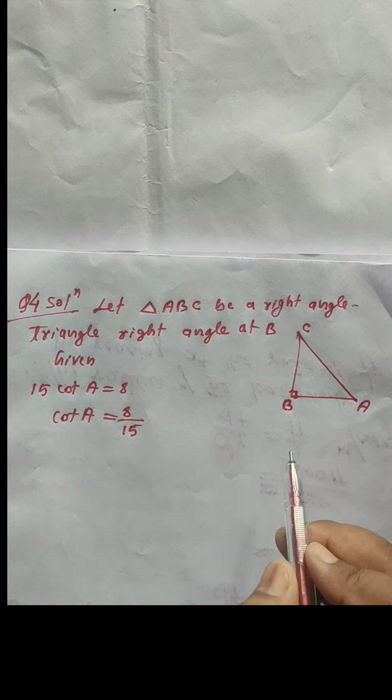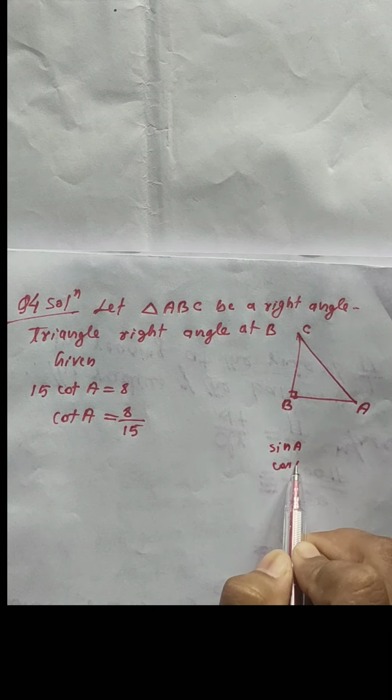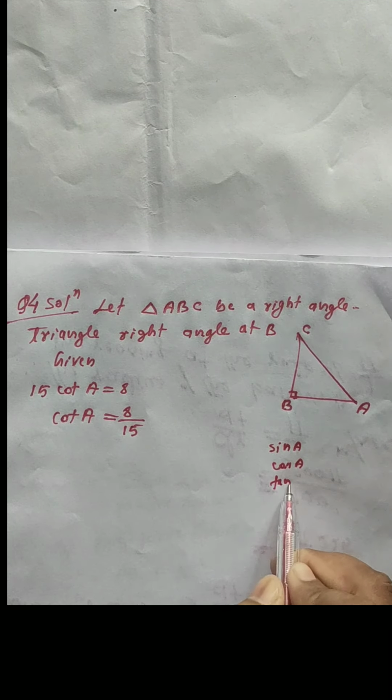Cot A equals 8. Bring this 15 this side. It is 8 by 15. Now we have to find out the formula for cot A. As I have given the trick for sin A, cos A, tan A, right?